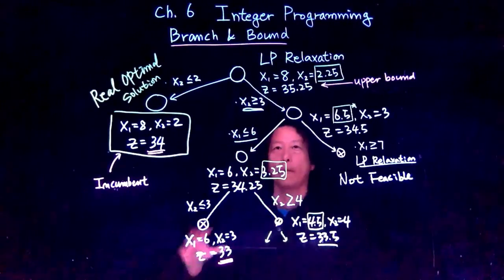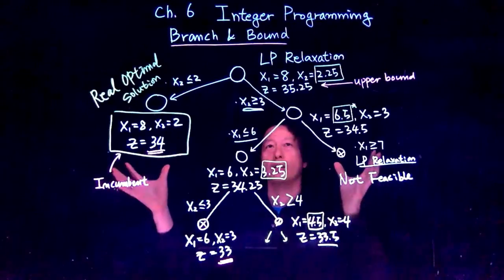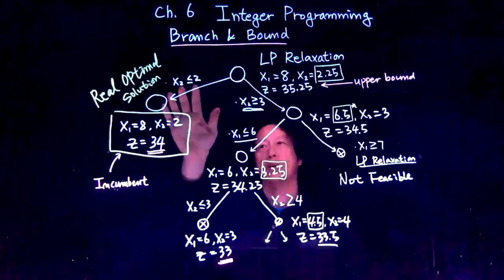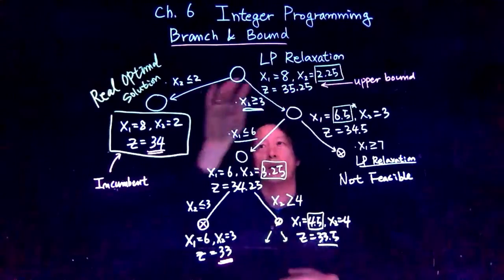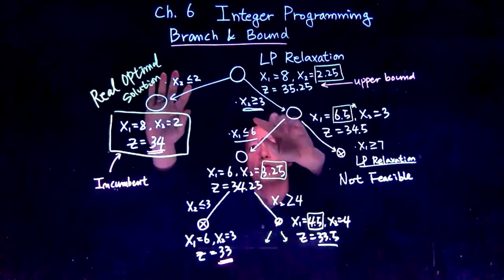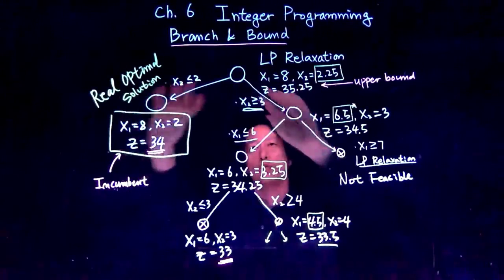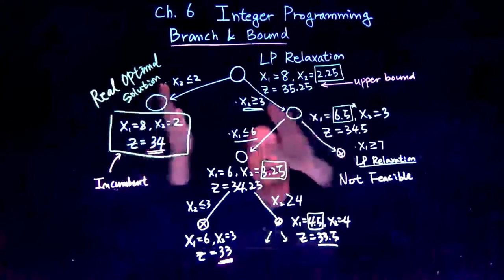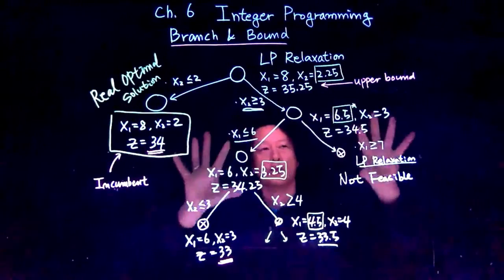Okay, so we divided the problem, divided the area, taking out from 2.25: smaller than or equal to 2, or greater than or equal to 3. Of course we have to include the 2 and 3 so that we don't lose any feasible areas. And then we solve the LP relaxation.